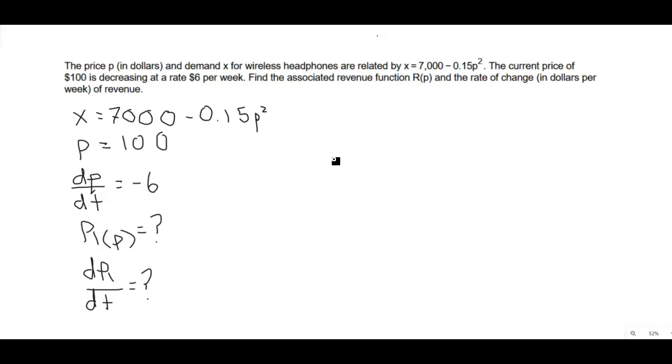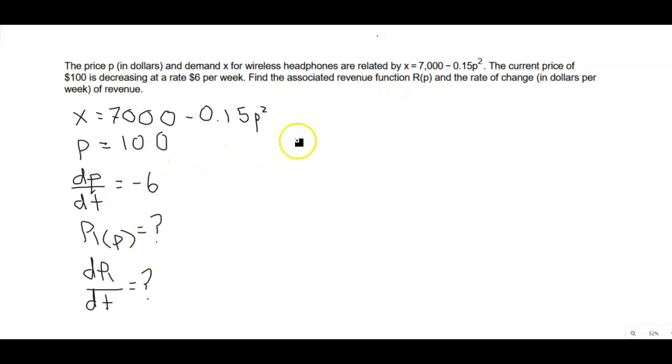So if we sold 10 headphones, that would be 10 here, because that's the demand. That's how many headphones we're going to sell. And that will give us a related price if we were to solve for P, and vice versa. If we were given a price, it would tell us how many we're going to sell. So if I were to sell 8 of them for $10 apiece, what's my total revenue? Well, it would just be 8 times 10, right?